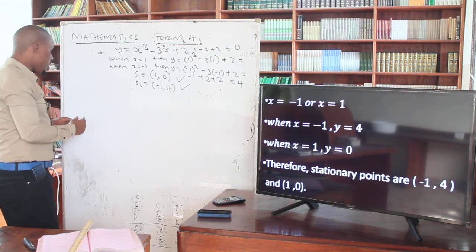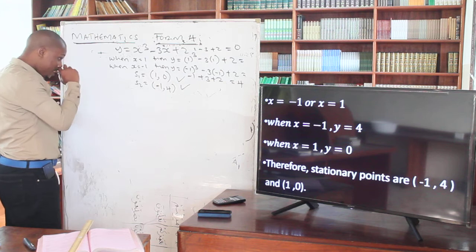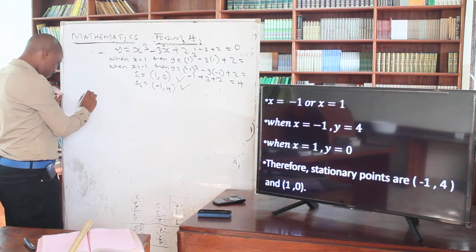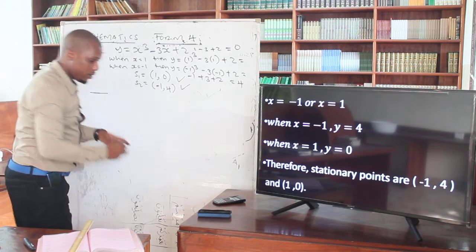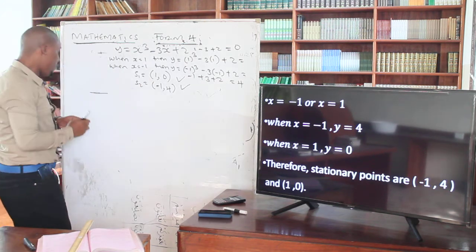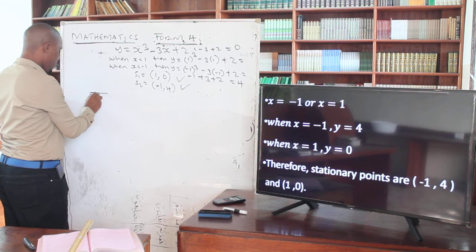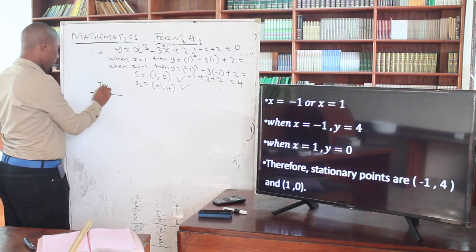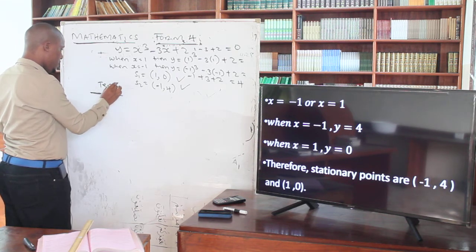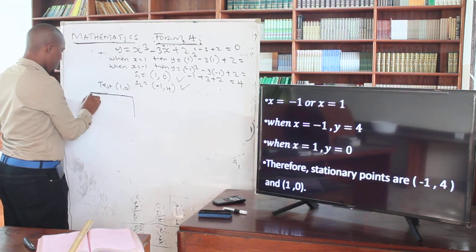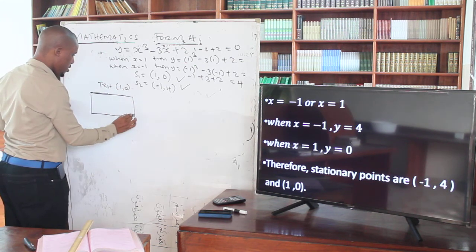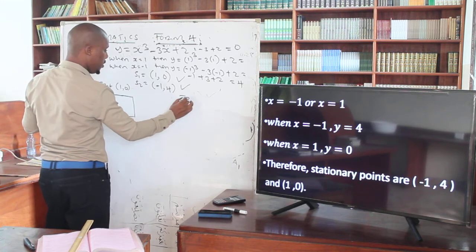So here you're going to draw a certain diagram, and in this diagram you're going to consider the point. If you consider the point, here is the testing point, you test. So your testing point, test what? 1, 0 on this side, and then on the other side you test another point here.